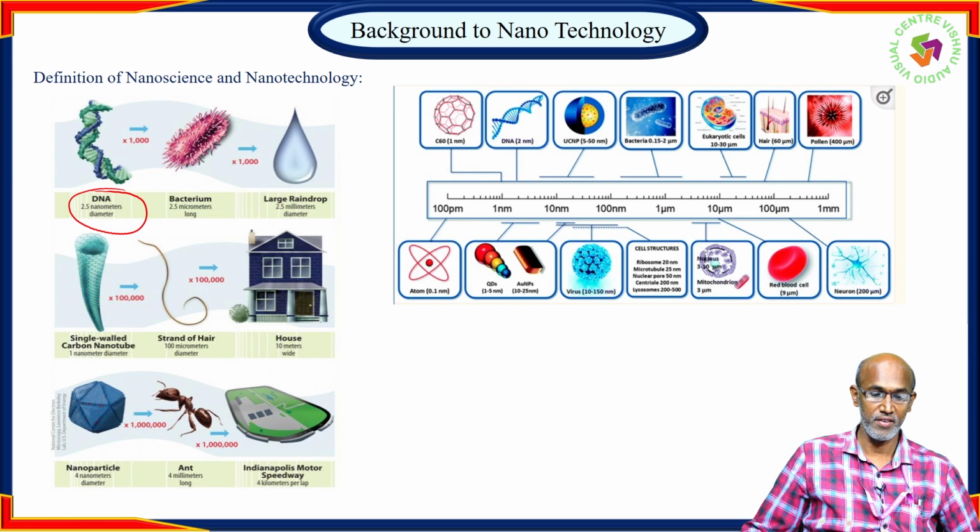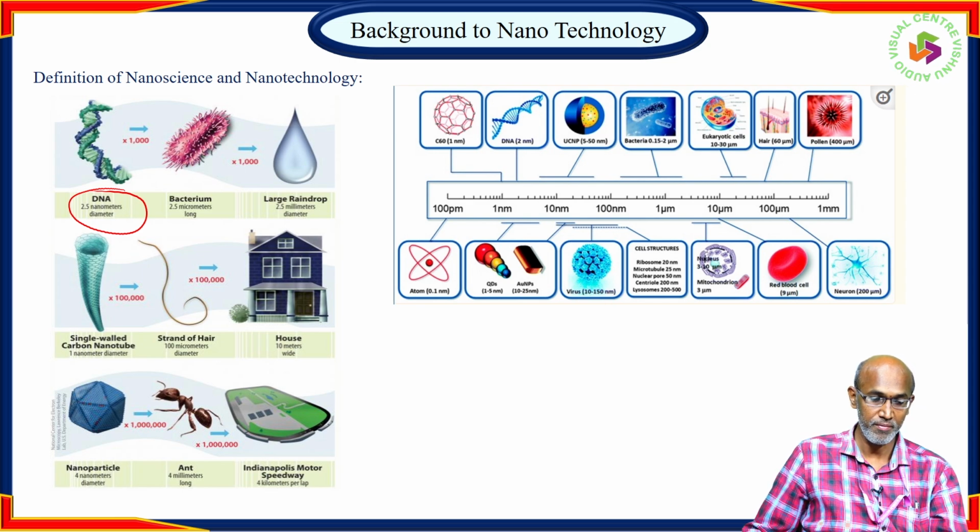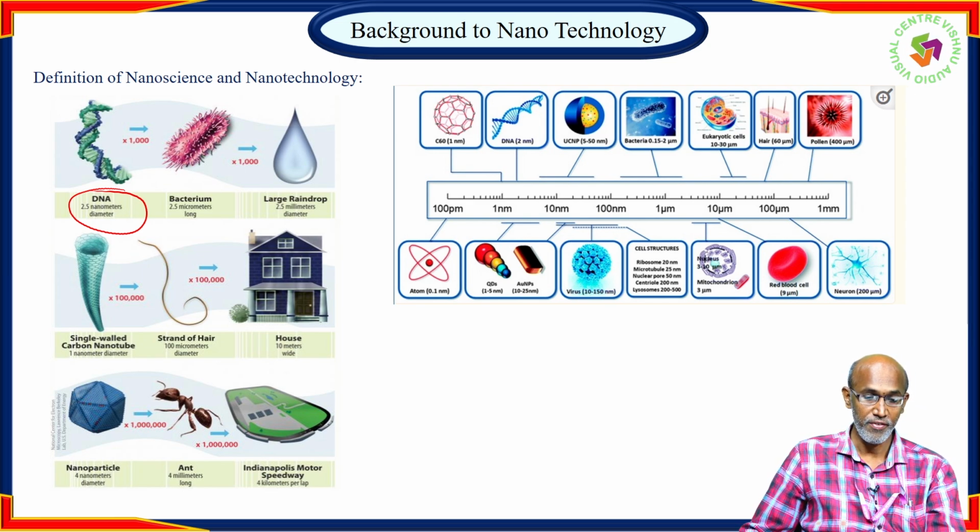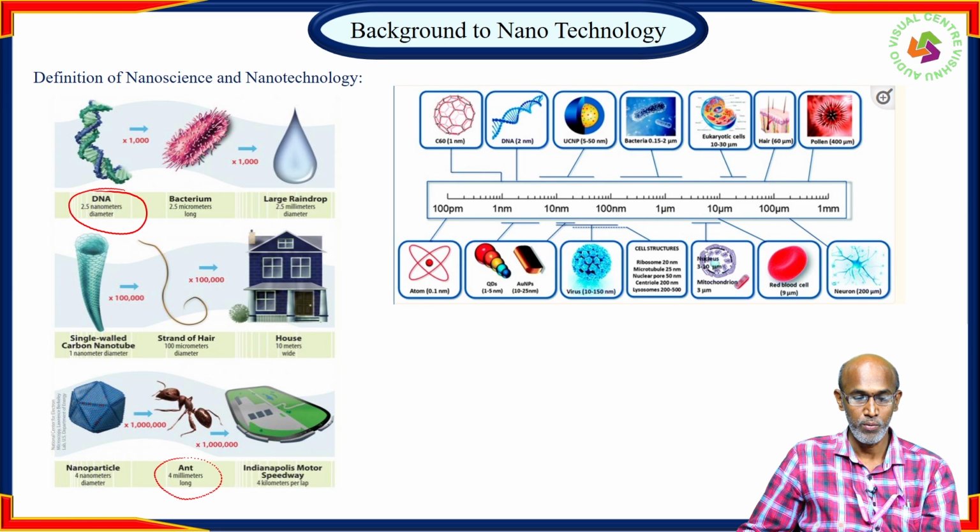Coming to a nanoparticle of 4 nanometer diameter, if it is enlarged 10 lakh times, it will become the size of an ant. Similarly, if this ant is enlarged 10 lakh times, it will become the size of the Indianapolis Motor Speedway.